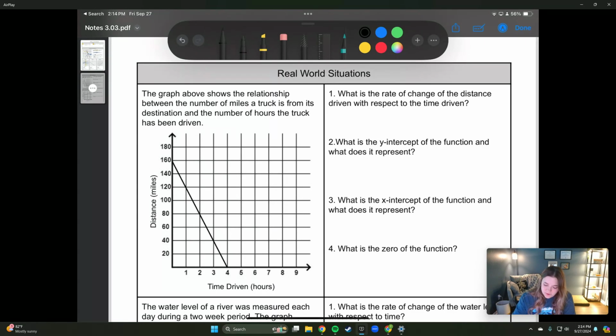If I look at this first one, it says, what is the rate of change of the distance driven with respect to the time driven? Don't let that verbiage get you confused. Remember, rate of change means what? It means slope.